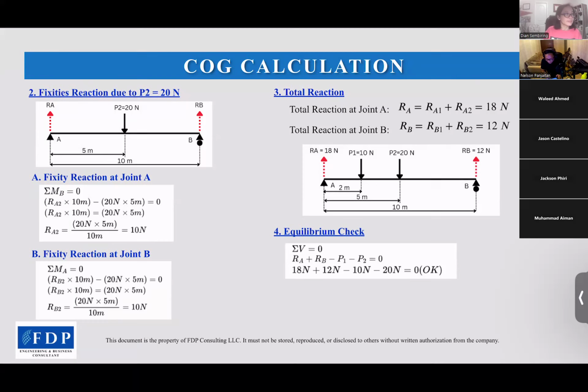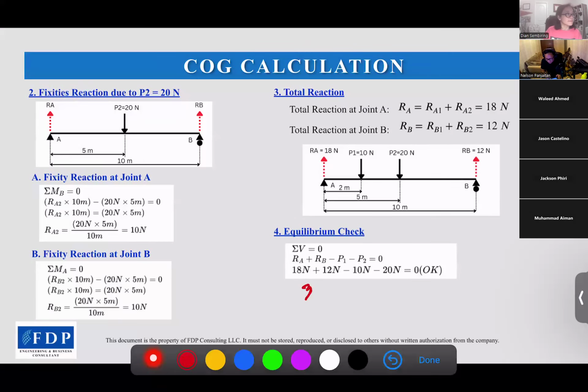So 18 newtons plus 12 newtons equals 30 newtons, minus 10 newtons minus 20 newtons equals 0. So the system is in equilibrium. Yep, that's for the case.